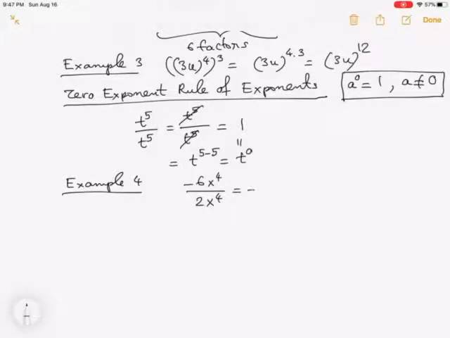So we can write it as minus 6 over 2 times x to the power 4 divided by x to the power 4. So minus 3 x to the power 0, or minus 3. Because x to the power 0 is 1.